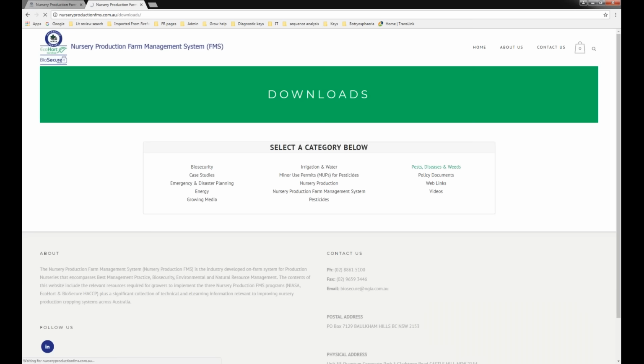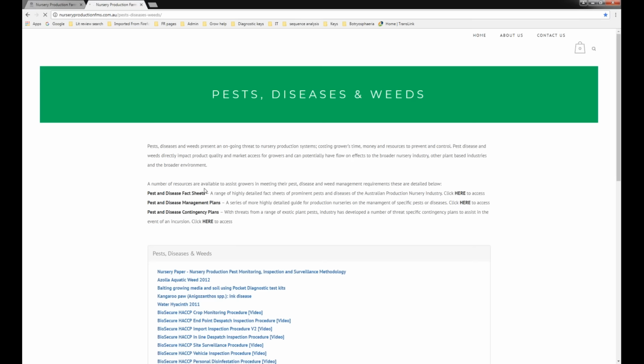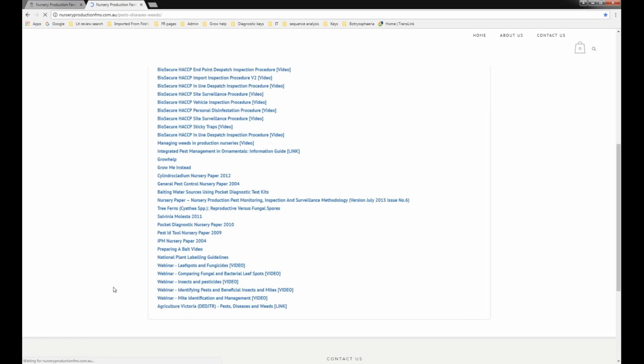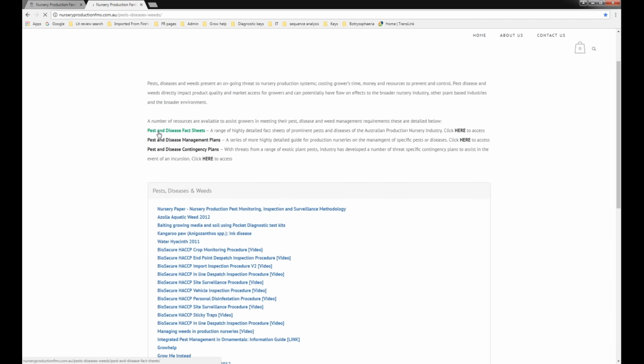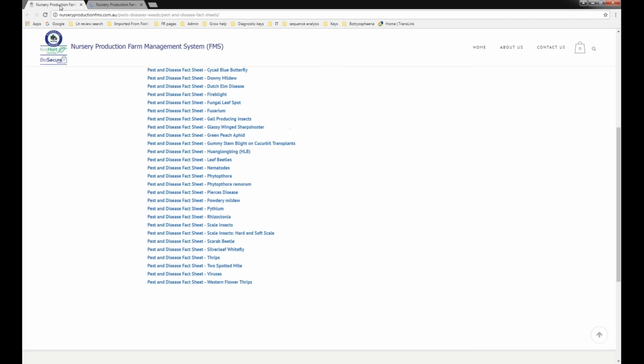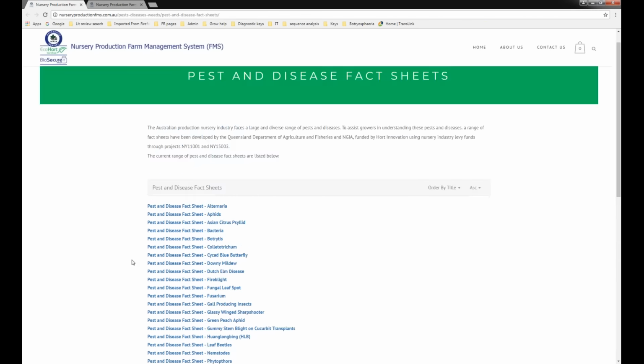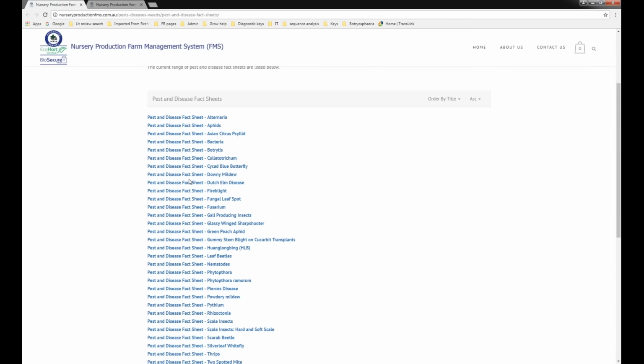The project that we have falls into mainly the pests and diseases section, and you can see here that there are pest and disease fact sheets. So some of the other different resources are here, and you can go to those fact sheets, and here are some of the fact sheets. And these are specifically written for the Australian production nursery industry.